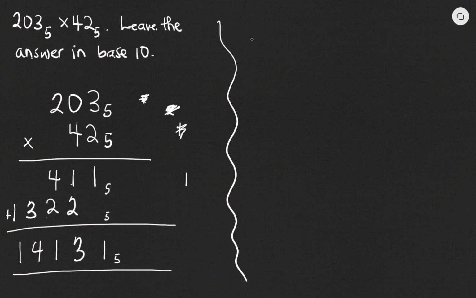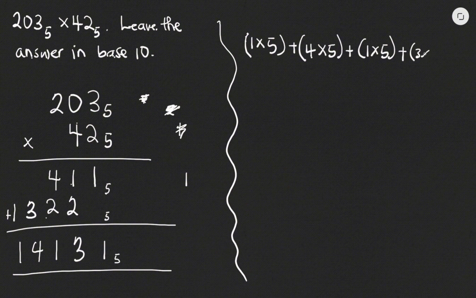So we start numbering or giving it powers from right to left, so we start from 0, 1, 2, 3, then 4.